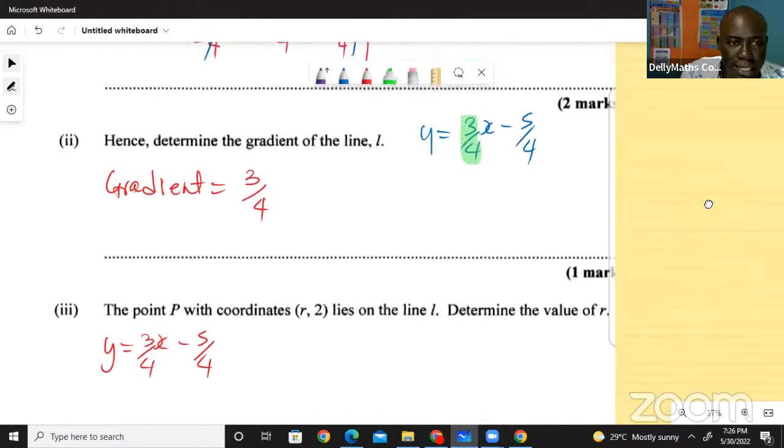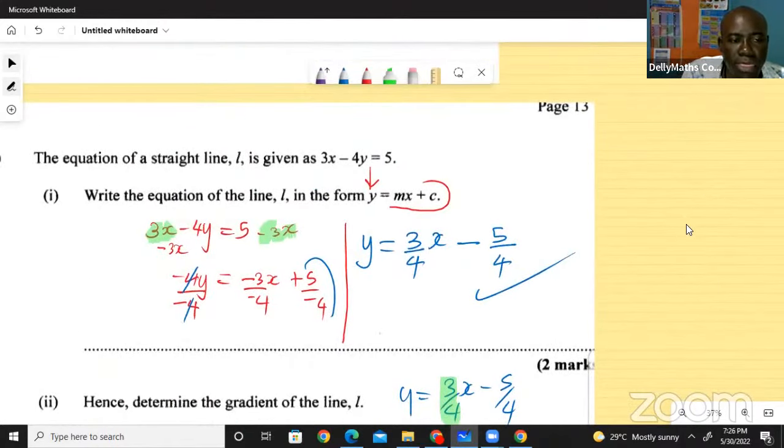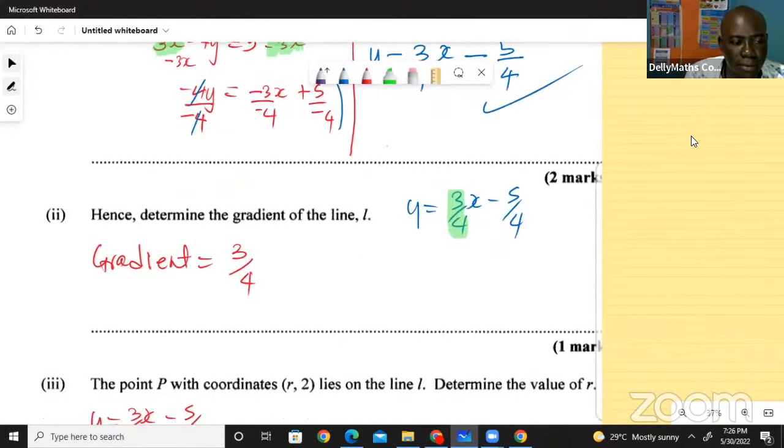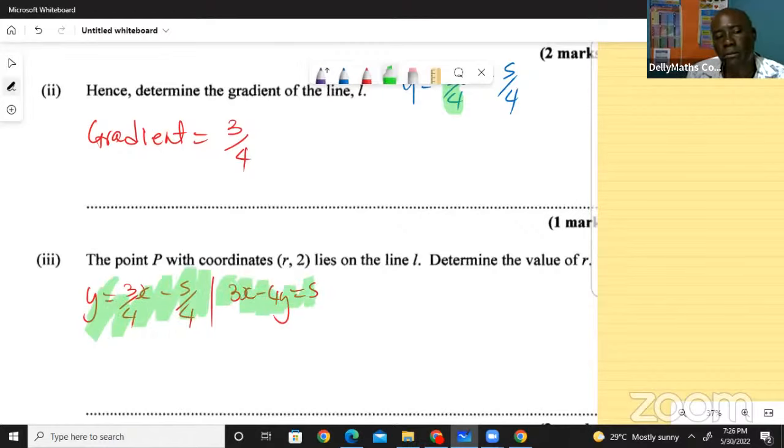If that is the case, you could go for any one of these. You could go for 3x minus 4y equal 5, because it's the same thing. We wrote it like this because they asked us to. If you want to work out any point that is on any line, the equation of the line will help you.